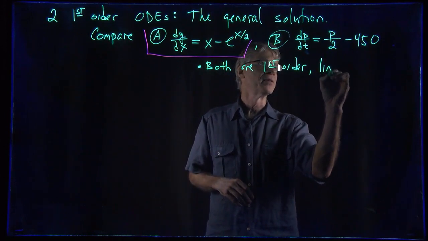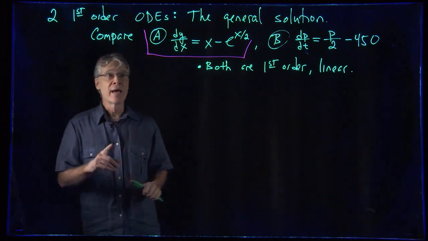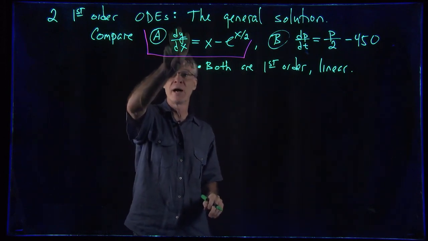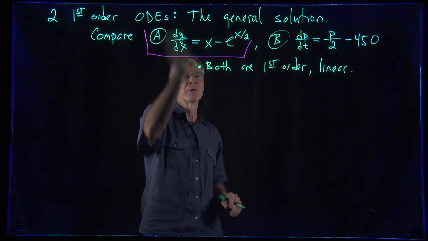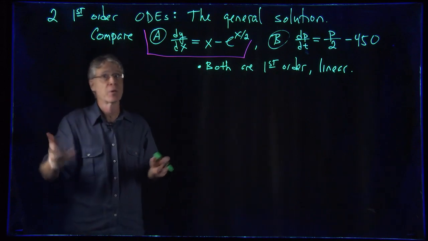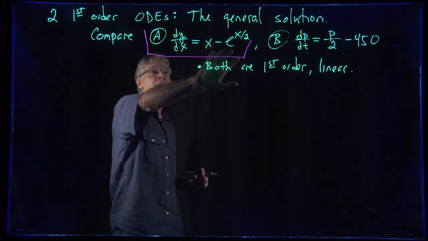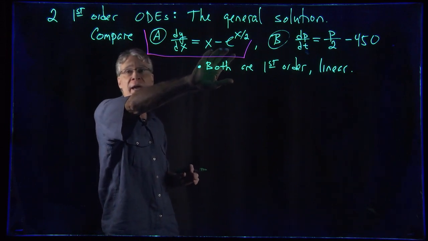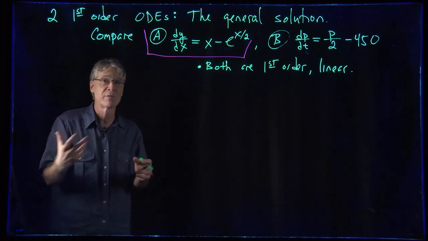And they both are linear. Here, this is y prime. Its coefficient is 1. There is no y in this entire equation, the unknown function. Its derivative is there, so we have to worry about that. We still have to solve for y, but the function not attached to y or y prime is x minus e to the x over 2, which is a function of x.